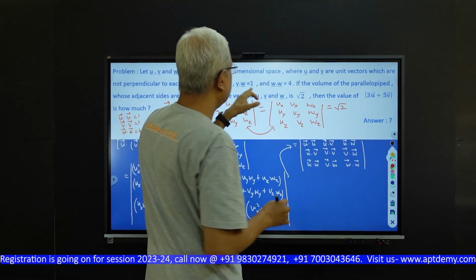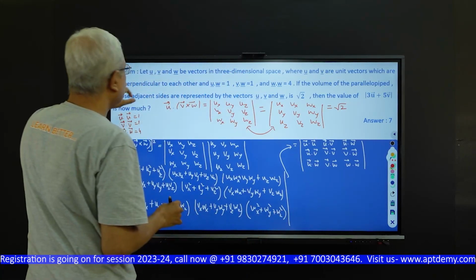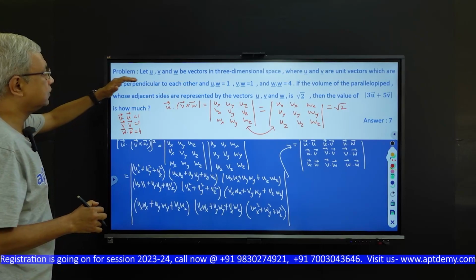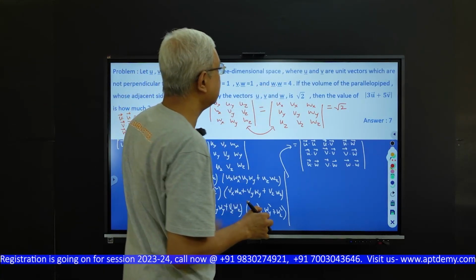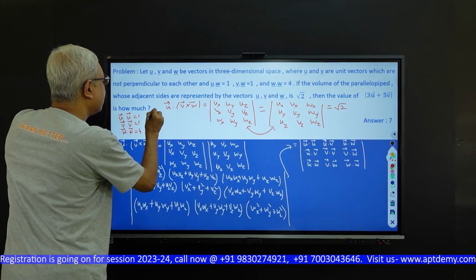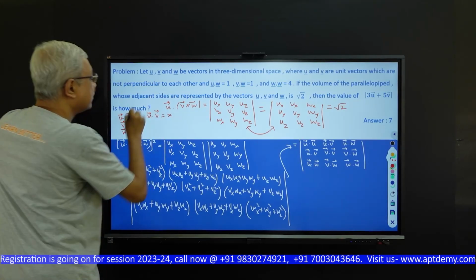U, V are not perpendicular to each other, and U dot V is not given. So let U dot V be x.